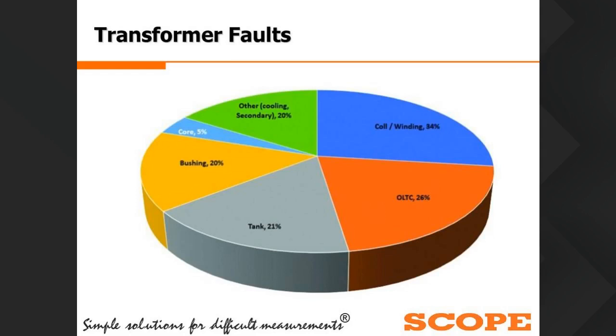So here we can conclude that the failure of the transformer due to failure of winding and failure of OLTC, that is on-load tap changer, totals around 60%. So the important thing is that we need to take care of the transformer winding and check the healthiness of the OLTC.